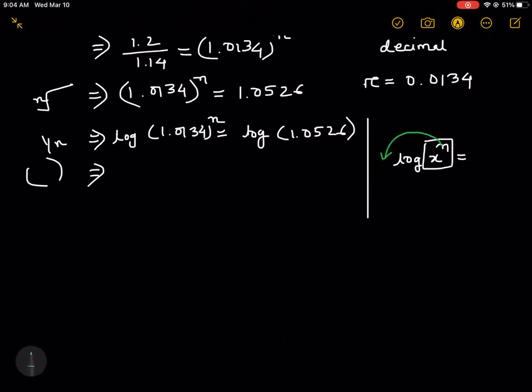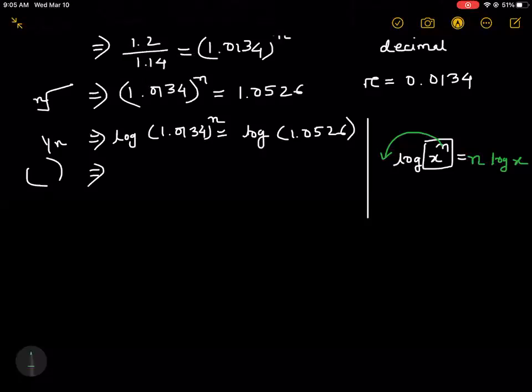That means we can write n times log of x. That's the property of logarithm. So the exponent, the power, comes in front when logarithm is operating on that.